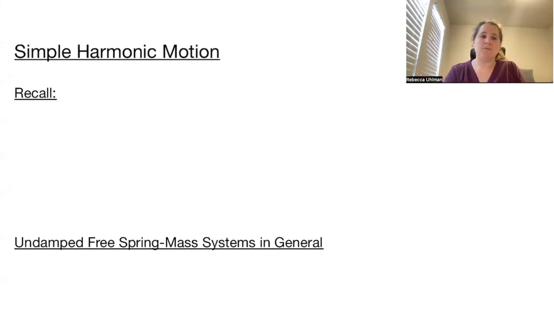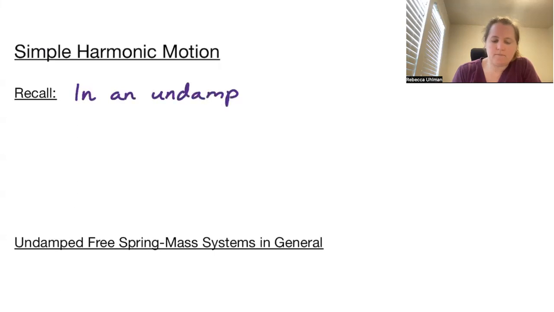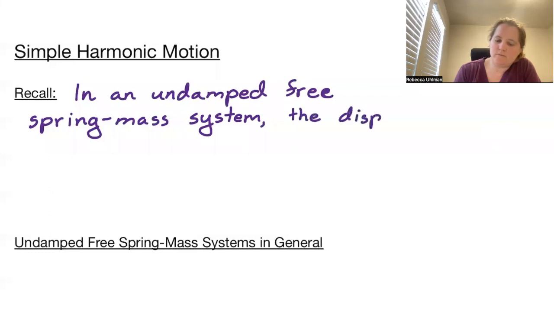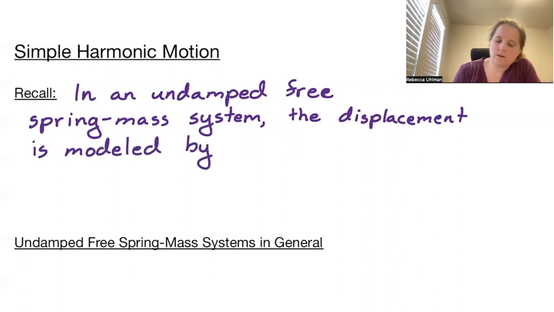Welcome to simple harmonic motion. So recall in an undamped free spring mass system, the displacement is modeled by y double prime plus k over m y is equal to 0.